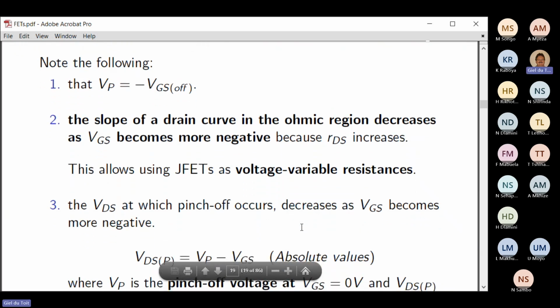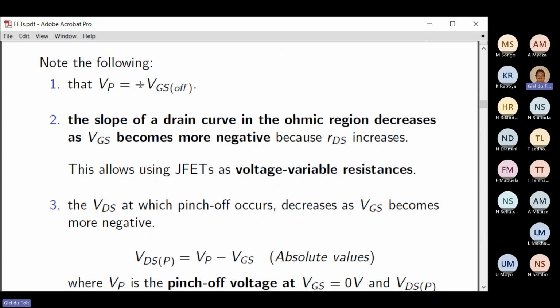VP, the pinch-off voltage, is equal to a minus voltage. So it's a negative voltage, and it's the voltage over the gate source. In other words, a negative voltage over the gate. Like for instance, in this case, it was -4 volt all the time. Now the pinch-off voltage in this case is -4 or -5 volt, and it will stop the drain current.